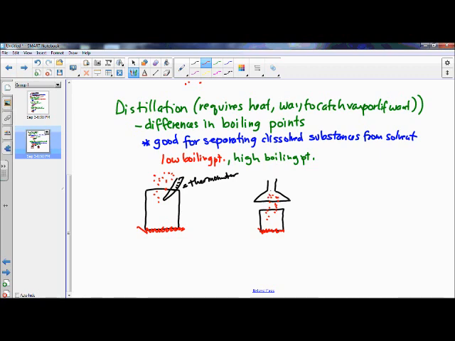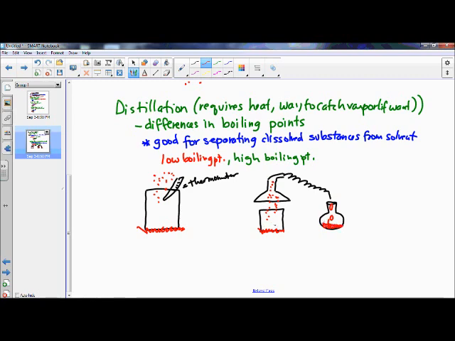As whatever it is that you want rises, you simply attach this to a coil. As it travels through the coil, it cools down, and you put this over another container. What you get out the other end is the vapor cooled down and turned into a liquid, so you get your liquid back.